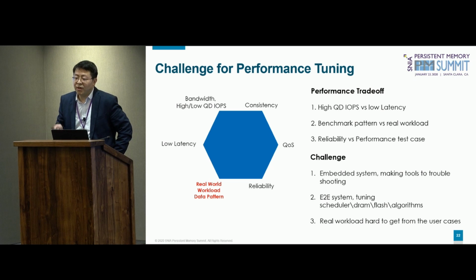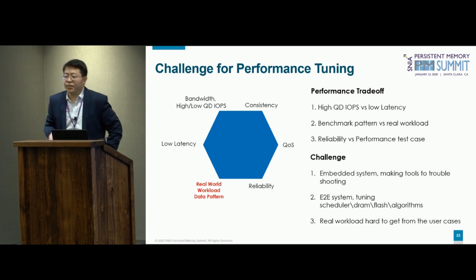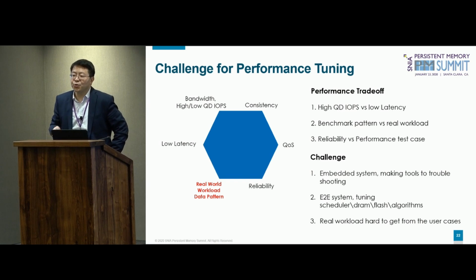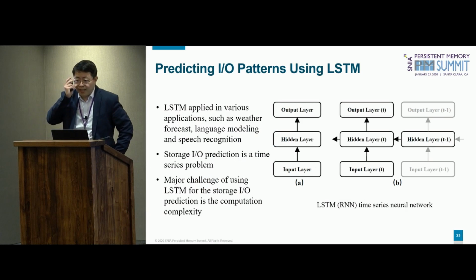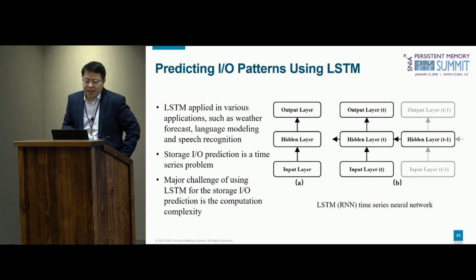If the devices can do such a job, the devices can have dynamic strategies and return better performance. We have explored different methods, including neural networks and machine learning. And finally, we found LSTM is a good technology to do this job.